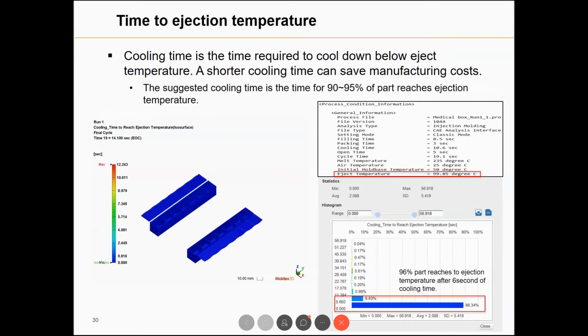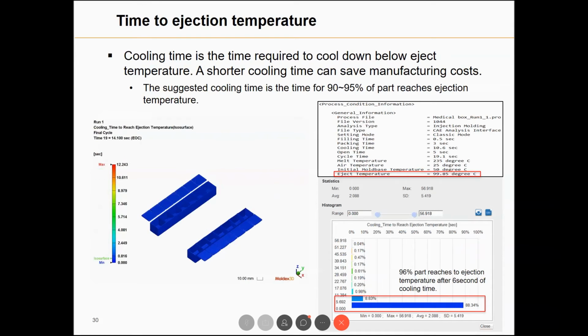So the next thing I want to talk about is the time to ejection temperature. And this is the time required to cool a part below the eject temperature. And we can look at the results by the isosurface tool. And this function can give you an idea to know what areas in this part are standing at the hotter temperature.